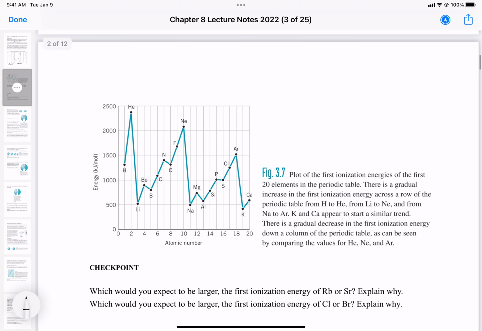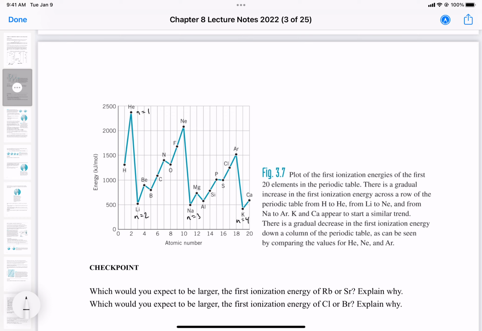We can kind of see these trends here. So these gaps represent new energy levels. So this will be n equals 1, n equals 2, n equals 3, then n equals 4, like so. Okay? So generally speaking, ionization energy increases.